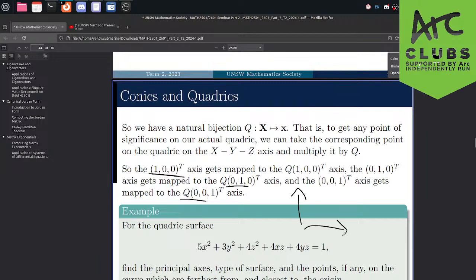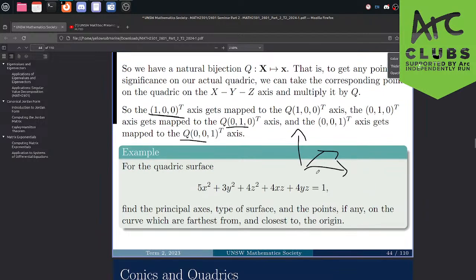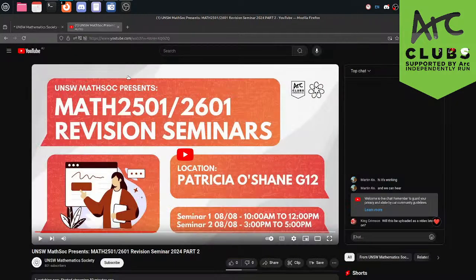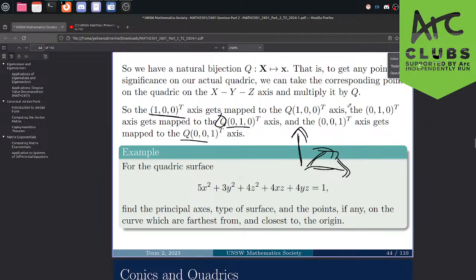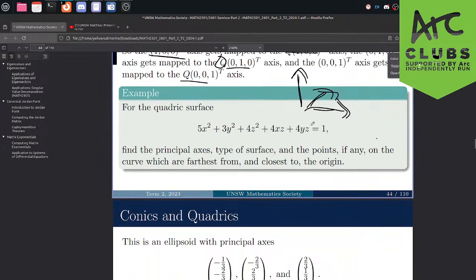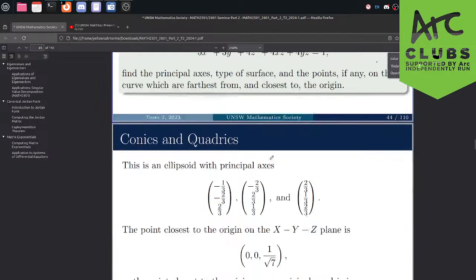These represent the normal XYZ planes. Then to find the new principal axes, you see how it's rotated by Q. You see where each of these three standard basis vectors get mapped by Q, and that becomes your new principal axes. Cool. So yeah, the calculations, we'll see if they're done, but these will be the three vectors. Cool. And one more thing, yeah, it looks like it's done.